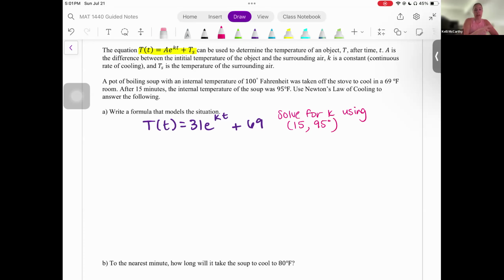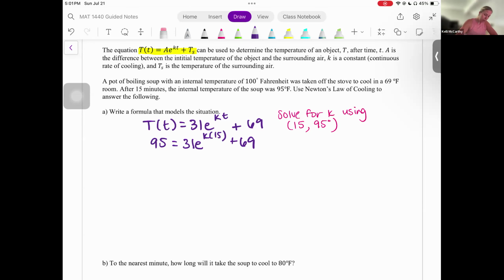So we're going to plug those values in for big T and little t. We get that 95 is equal to 31 times e to the k times 15 plus 69. And now we have an equation with just one variable, k, which we can solve for.